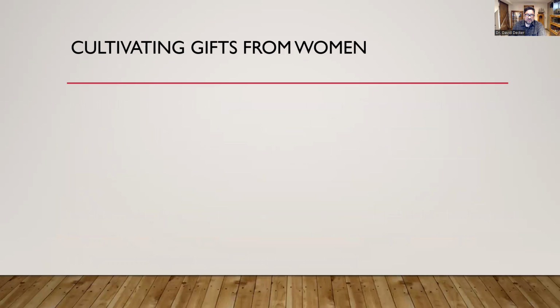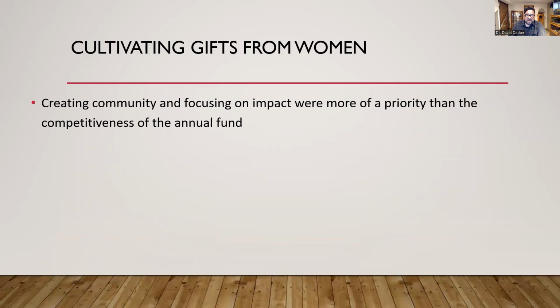So here are some strategies on cultivating gifts from women. What the research has shown us is that creating community and focusing on impact were more of a priority than the competitiveness of the annual fund. Traditional annual funds, traditional university giving, is much like athletics. It's geared around competition, around an annual cycle, and around an immediate need.